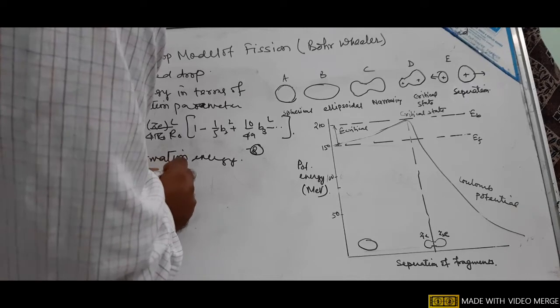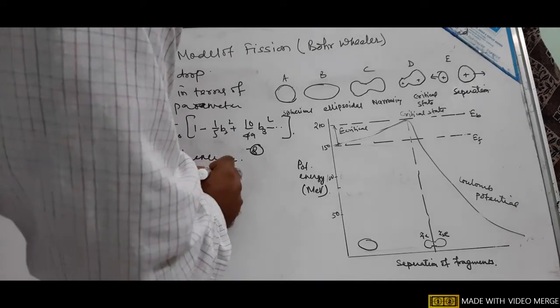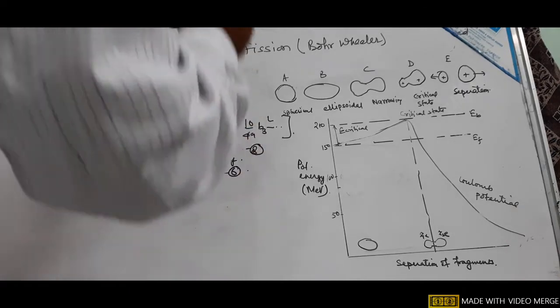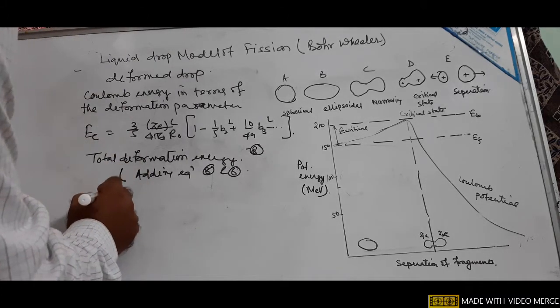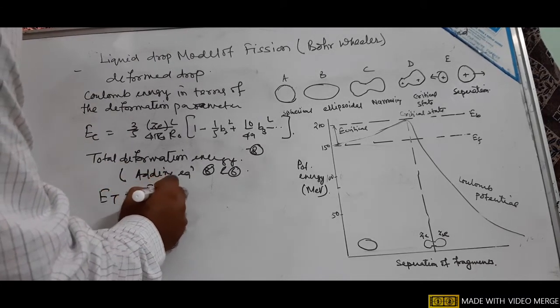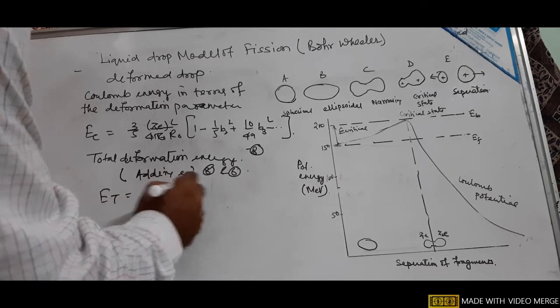adding equation 8 and 6. So ET, the total deformation energy, is equal to the surface energy plus the Coulomb energy.